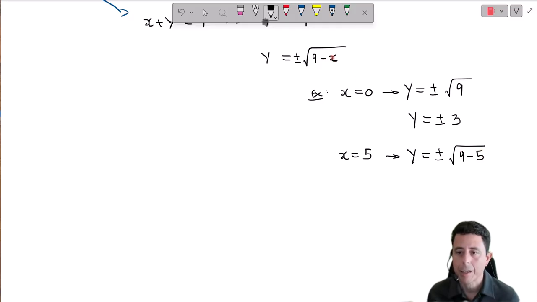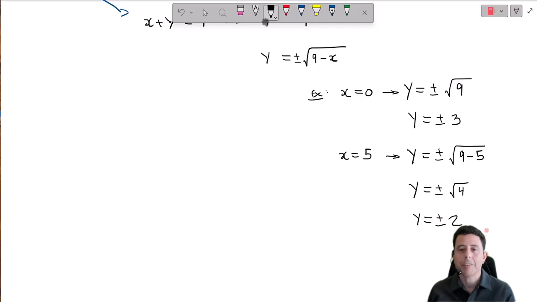Because I'm plugging x equals 5 here. And this would be plus or minus the square root of 4, and this would be plus or minus 2. You see, for one value of x, I got two different values of y. So this is not a function.